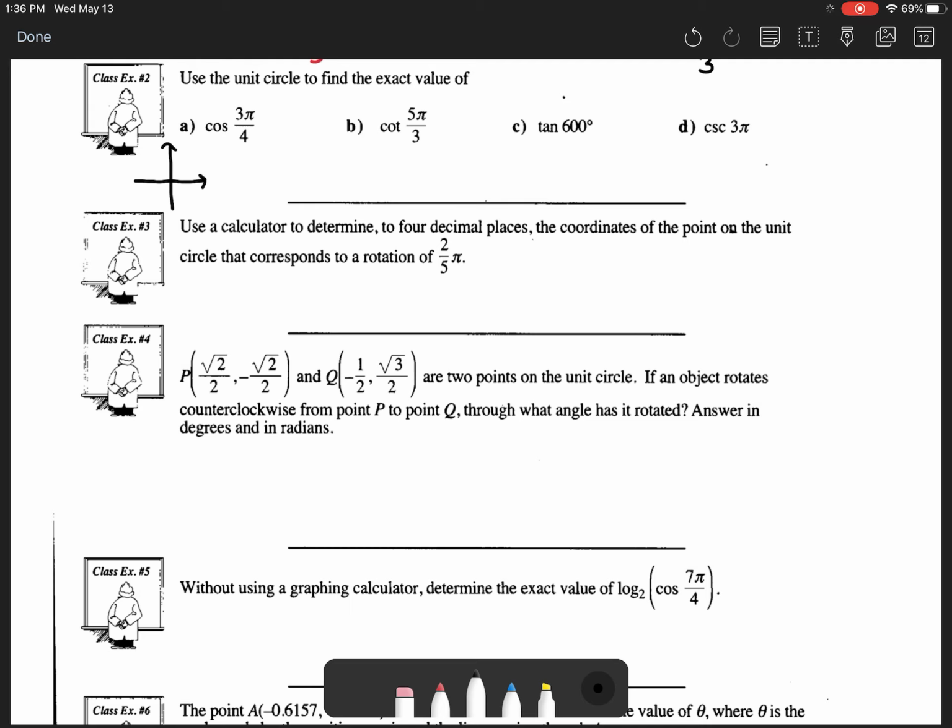If you have to think in terms of degrees, that's fine, but the ratios will be the same value either way. Now remember, pi is like 180. So 180 divided by 4 is 45, and 45 times 3 would be 135 degrees. So that angle, 3 pi over 4, is basically 135 degrees.